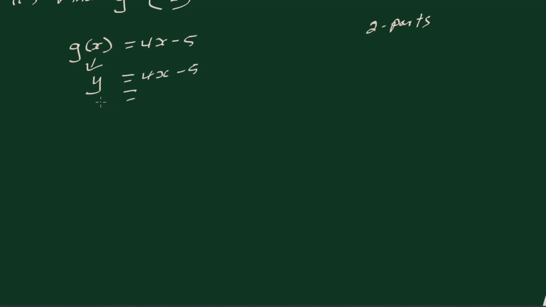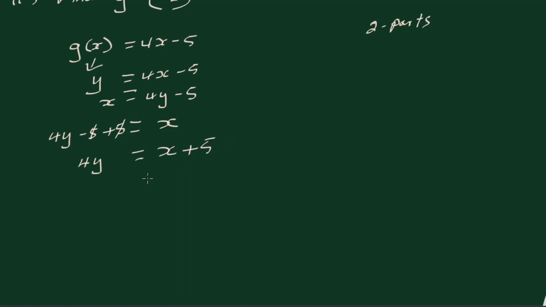Now we interchange x and y. Now having interchanged x and y, we want to make y the subject of the formula, but I'm going to flip the equation, so y will be on the left hand side when I finish. Now to make y the subject of the formula, I need to remove the negative 5 and the 4. So I'll start with this here. So this becomes 4y equals x plus 5, adding 5 on both sides. If I do the inverse of something, it will remove that from this side here, and I do the same on the other side of the equation.